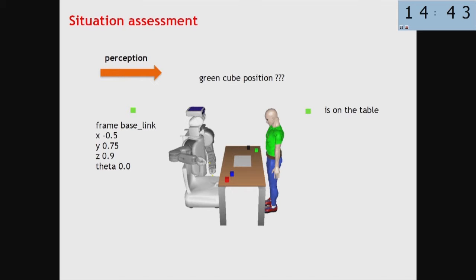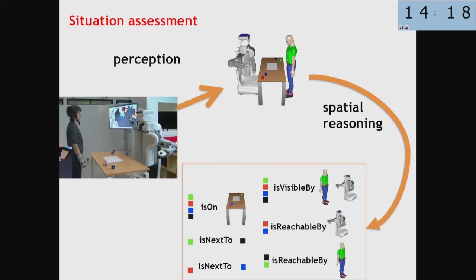But when you want to interact with a human, if you tell the human, just take the object that is at position x 0, y 1, z 1.5 in this frame, it would be difficult. In fact, for a human, for example, in that example, the cube is on the table. So we also need what we call spatial reasoning.